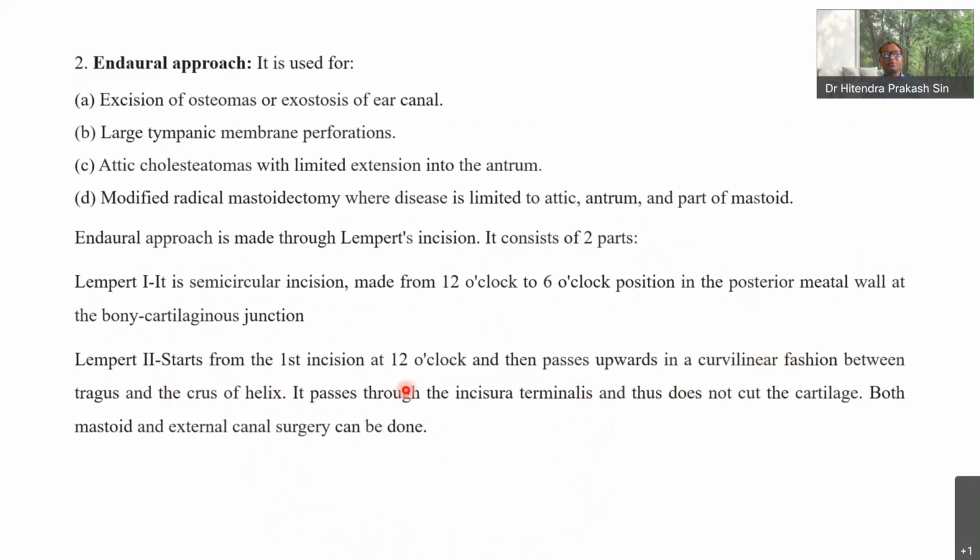Lempert 1 starts from the first incision at 12 o'clock, in the center of the superior canal wall, passes upwards in curvilinear fashion between the tragus and the crus of helix. It comes out through the incisura terminalis and goes up to the temporal region. Since it passes through incisura terminalis, it does not cut the cartilage. Both mastoid and external canal surgery can be done by endaural approach.